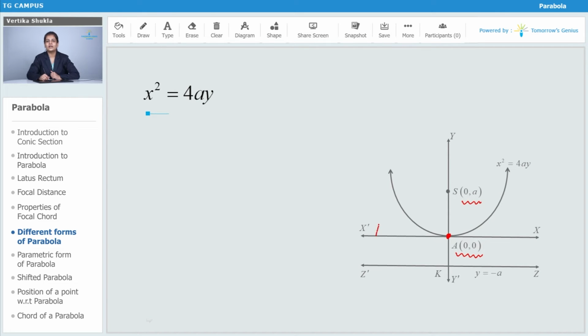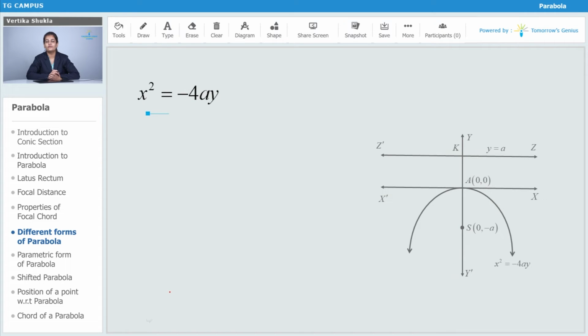This is your tangent at vertex, which is your x-axis, whose equation will be given by y is equal to 0, and the directrix becomes y is equal to minus a. This line, y-axis, is your axis of the parabola, whose equation will be given by x is equal to 0. This is your x square is equal to 4ay, which is the third standard form of a parabola.